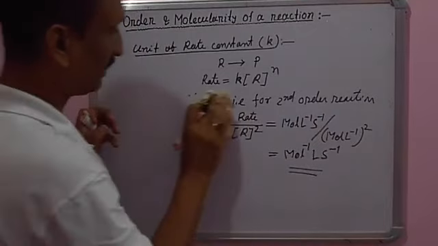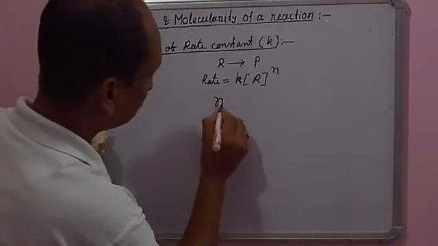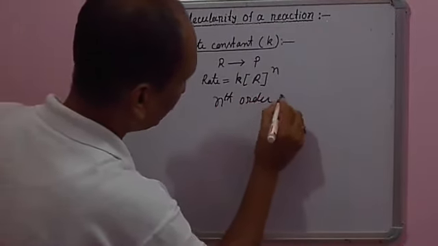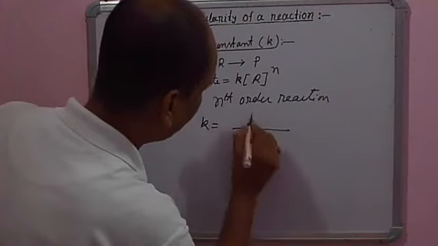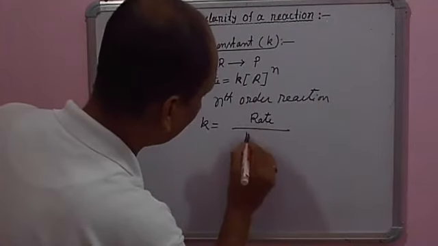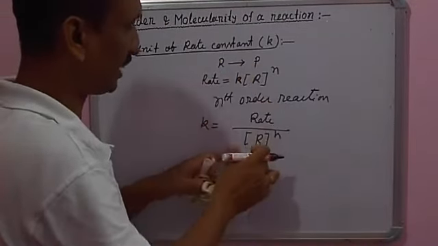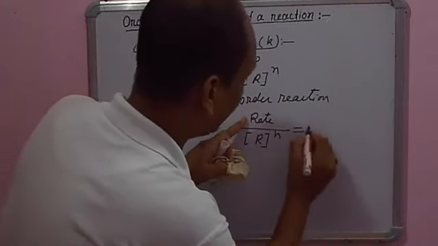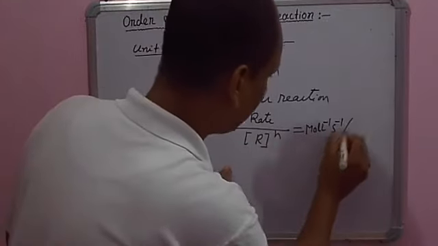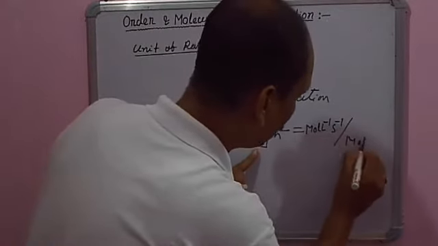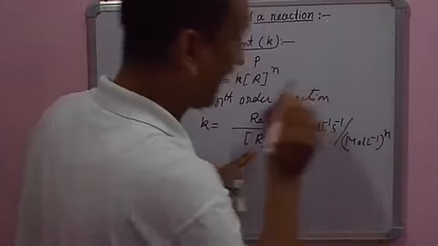So similarly for the nth order reaction, the order is n, K will be equal to rate divided by concentration of R to the power n. Again, the unit of the rate is mole per liter second inverse, divided by mole per liter, the unit of concentration, whole to the power n.